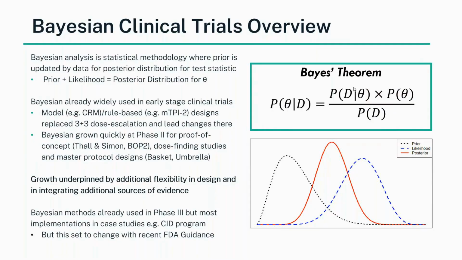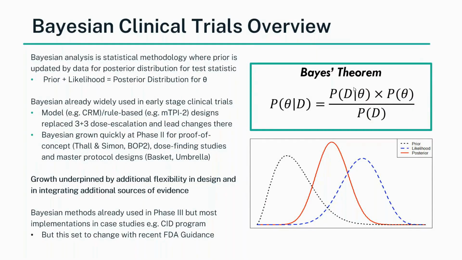So in phase 1, we've seen model and rule-based algorithms replace the 3+3 paradigm. And this basically leads to a huge amount of evolution and change happening in the phase 1 stage. And I think you'll also see some of that following into the continuous trials concept for early stage trials that we'll talk about later on.